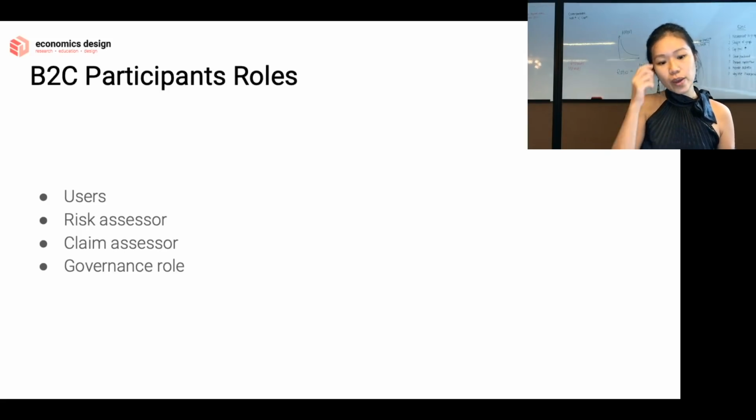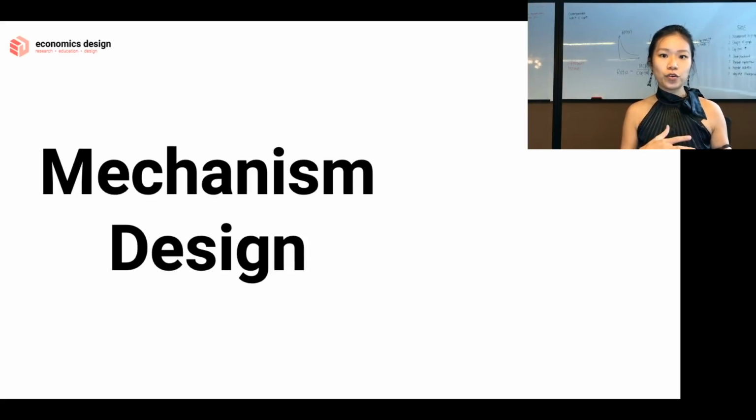And for governance as well, there are a lot of improvement proposals out there. So that's where the governance role will kick in and people will be voting. It's like a time-weighted or stake-weighted vote. And that's how you increase participation from a B2C level, so more like a peer-to-peer level. So that's for market design.